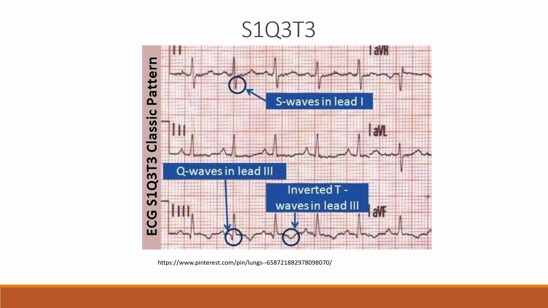As the name suggests, there's going to be a deep S wave in lead one. Usually it's not going to be this deep, it's going to be like this. So we say there's an S wave in lead one, and Q3T3. As the name suggests, a deep Q wave and an inverted T wave are found in lead three.